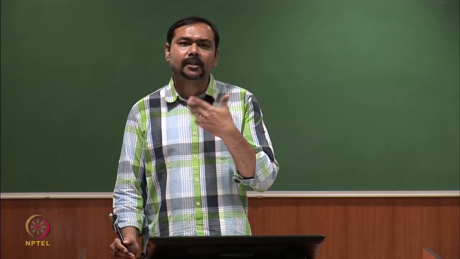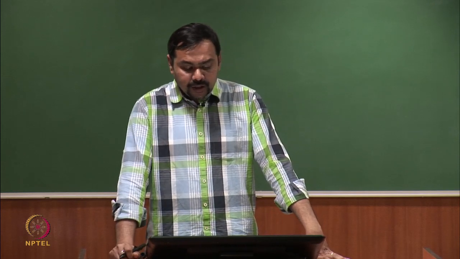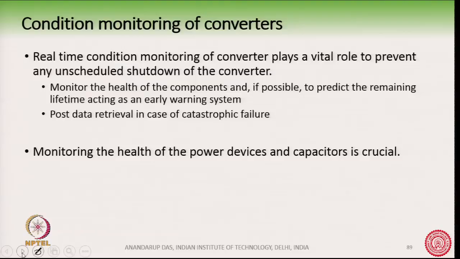So, we expect that in another 6 months the IGBT will shut off or its lifetime will be over. Monitoring the health of the converter and, if possible, predicting the remaining lifetime is very useful for the system developers and for the consumer, and so condition monitoring is used in many cases.